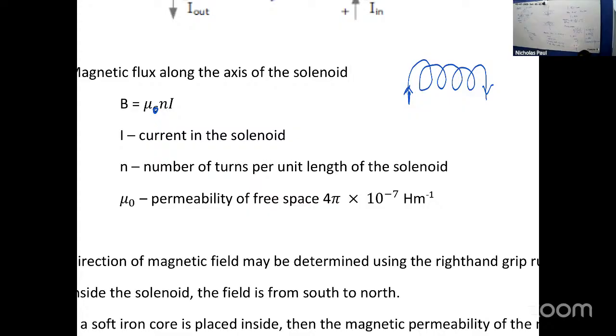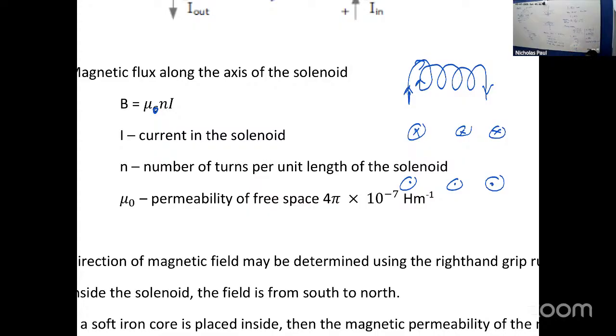No, what direction is the magnetic field? It's going in at the top and out at the bottom. See that? It's going in at the top and out at the bottom.